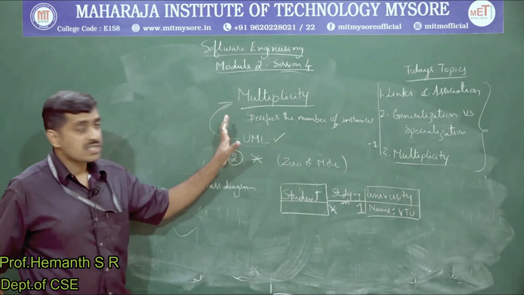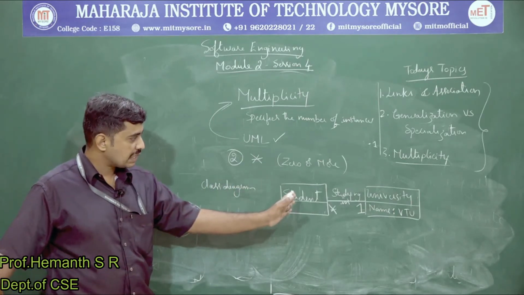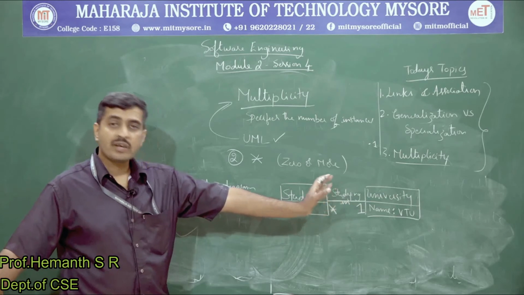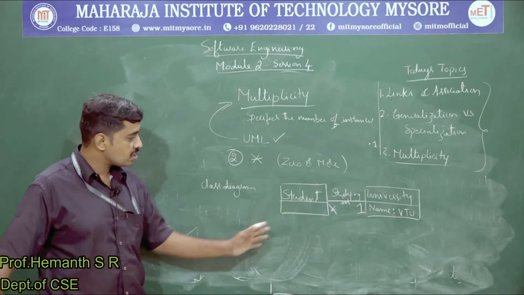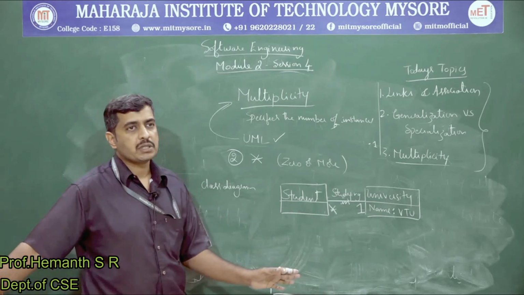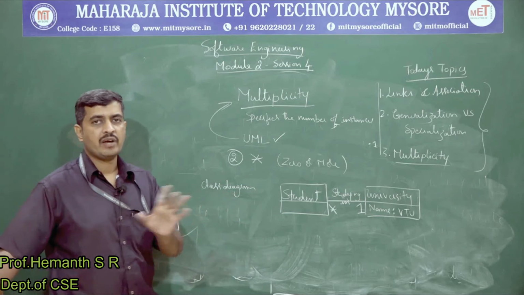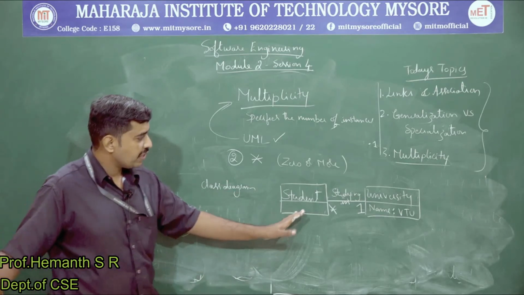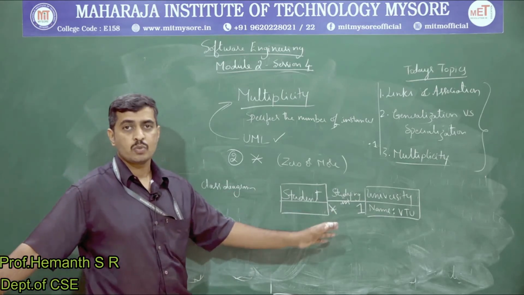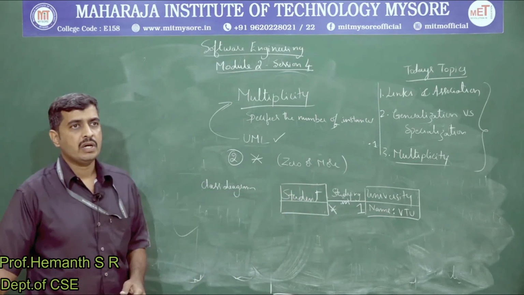Please note, multiplicity specifies how many instances of a class or object are relating with a different class or object. In the previous example, we saw only one instance: one country having one capital. In this example, we can see many students being associated with one single university.